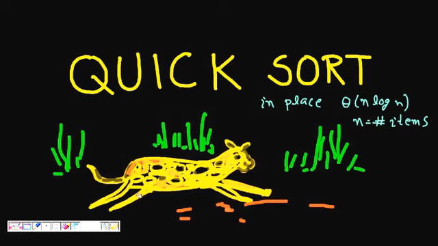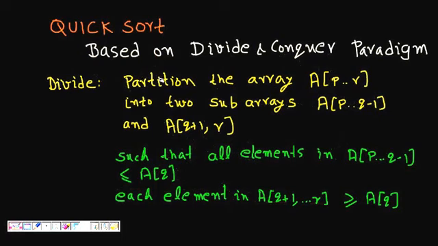So QuickSort, let's see what it does. It's based on a very famous paradigm known as divide and conquer, which means that we divide the main problem into some smaller sub problems which are of similar type but whose input size is smaller.